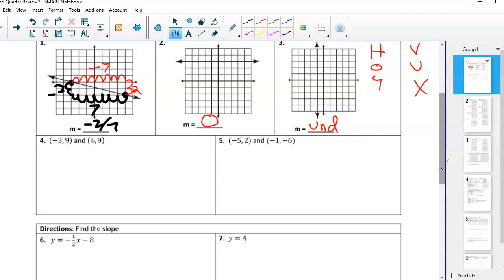Right? So for your slope, remember that it's rise over run, or your y's over your x's. I'm just going to put that down as a side note. Always, don't switch those. But if you have sets of points, then you're doing y2 minus y1 over x2 minus x1.